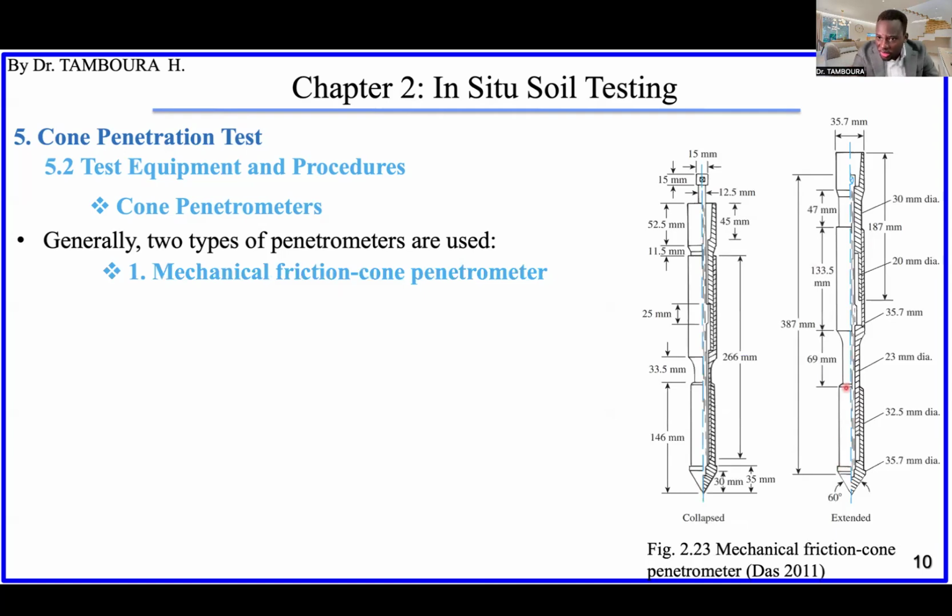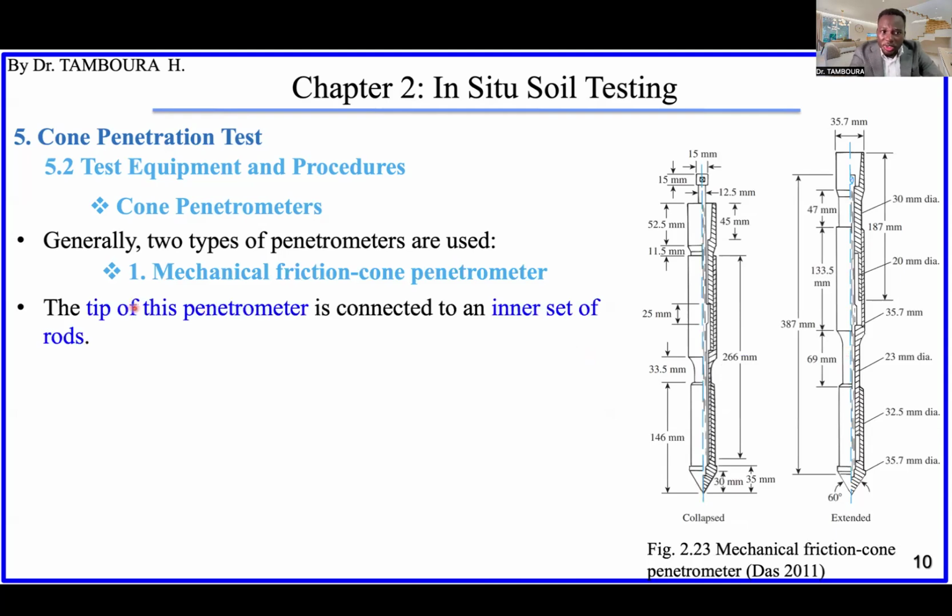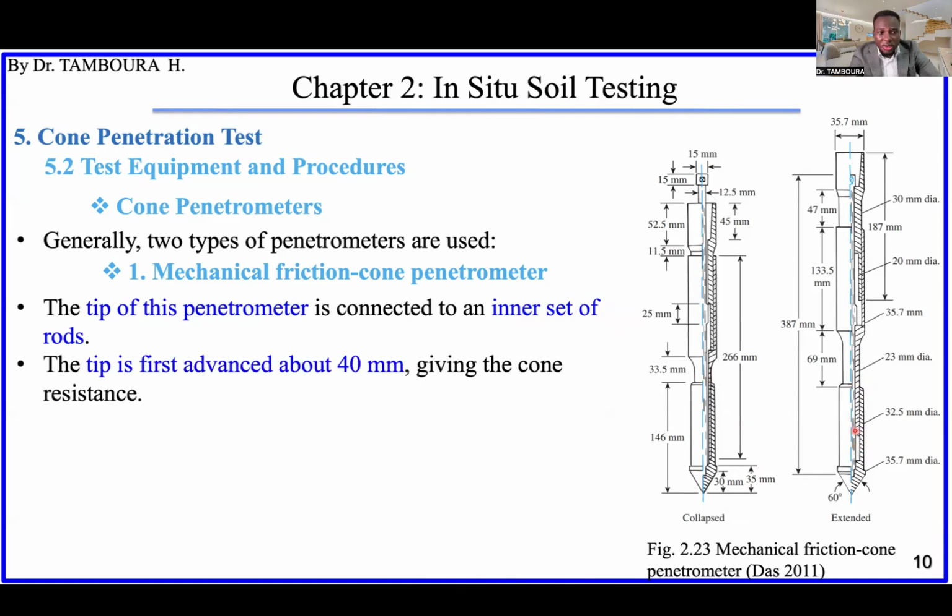You can see this portion here is 69 millimeter, and here is 33.5 millimeters. Okay, so this mechanical cone, the tip of this penetrometer is connected to an inner set of rod inside. And the tip is first advanced for 40 millimeter, giving the cone resistance.